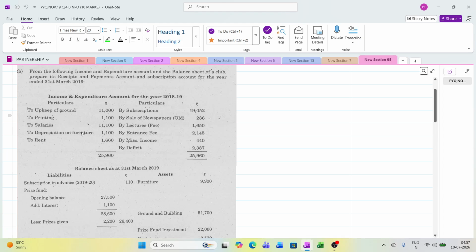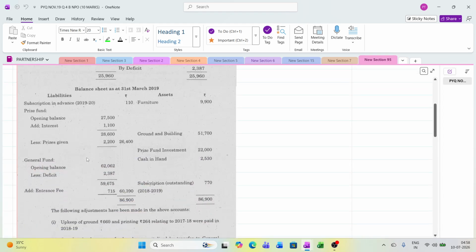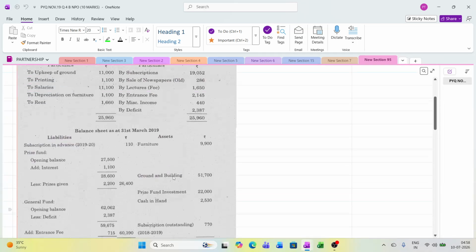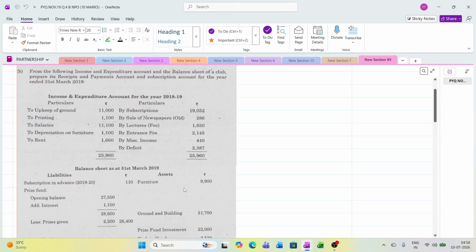Regarding the current year depreciation, suppose the furniture here is purchased during the year. They have shown the furniture as 9,900. How do we show it in the balance sheet? First we show the gross amount, then we deduct the depreciation, and the net value is shown in the outer column.